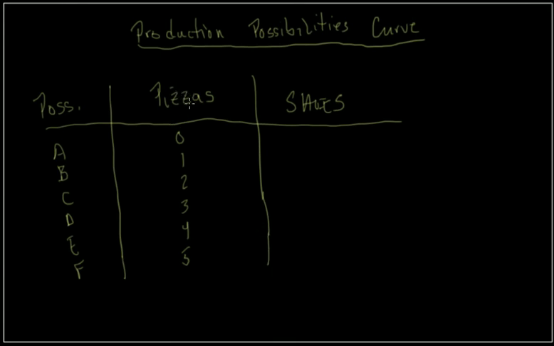And when we produce 0 pizzas, we can devote all our attention to shoes, so we can produce 15. And then as we transition into producing pizzas, we lose capacity to produce shoes, as dictated by that curve.